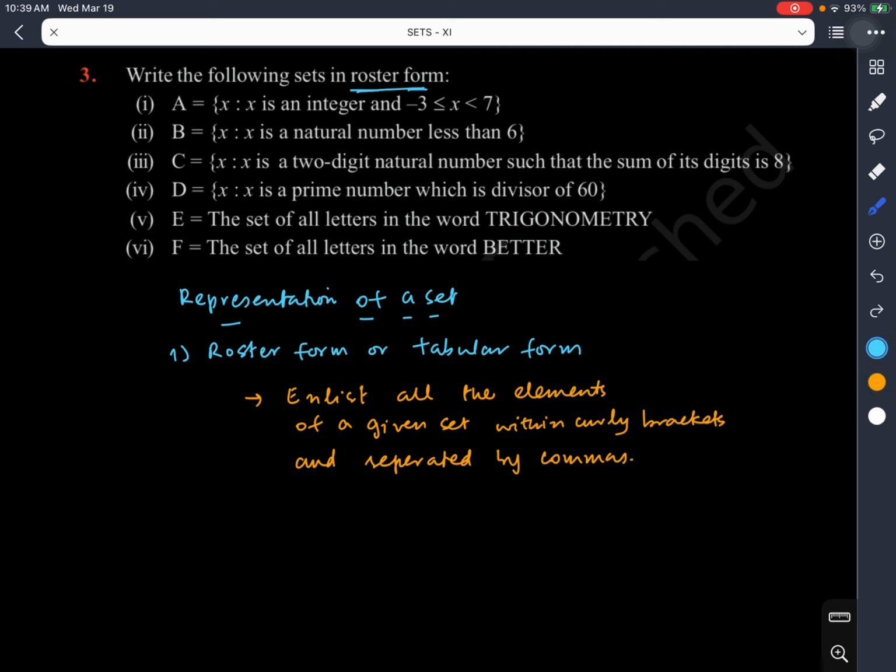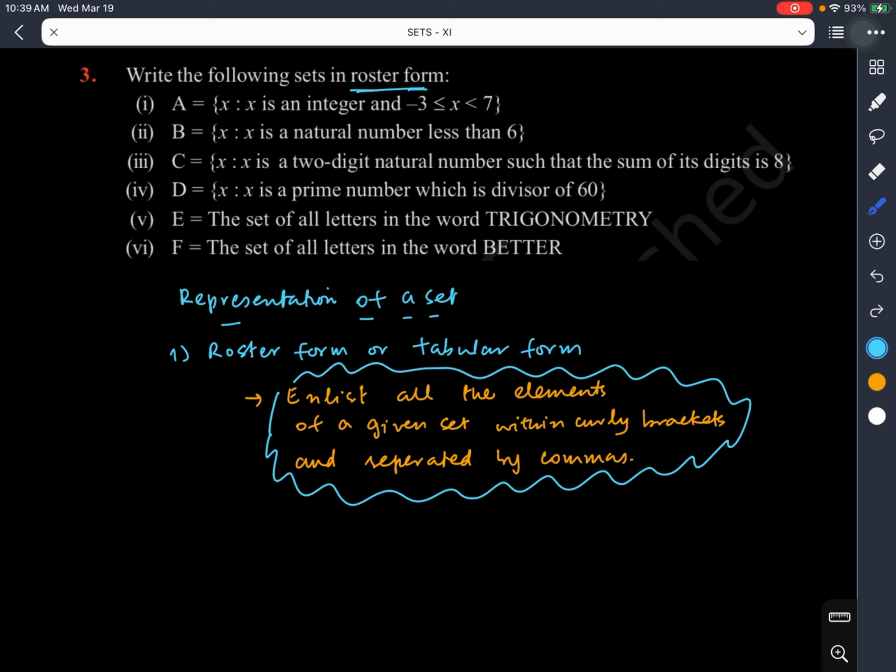So this is the first point to be noted: in roster form we enlist all the elements of a given set within curly brackets, and these elements are separated by means of commas.